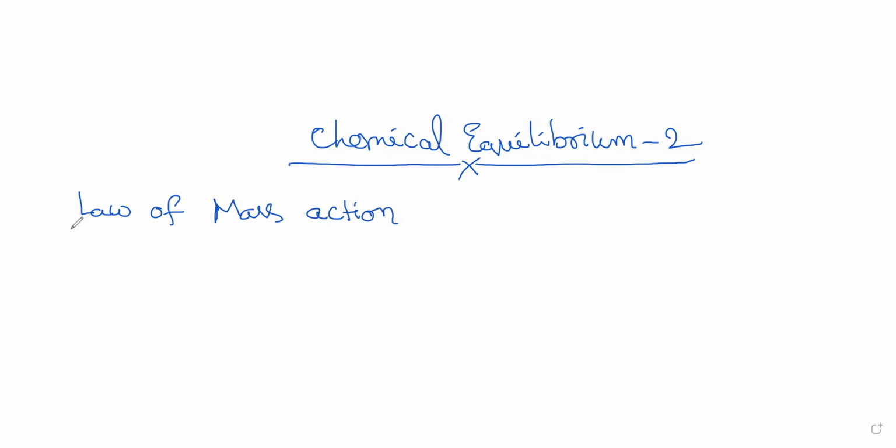In the second part of chemical equilibrium, the first aspect is the law of mass action. So what does it say?